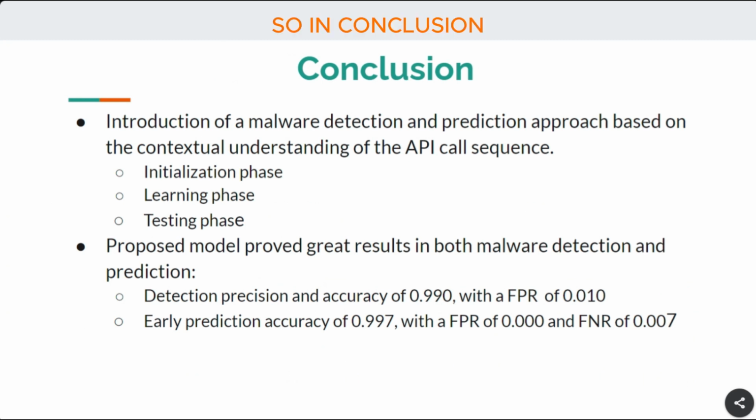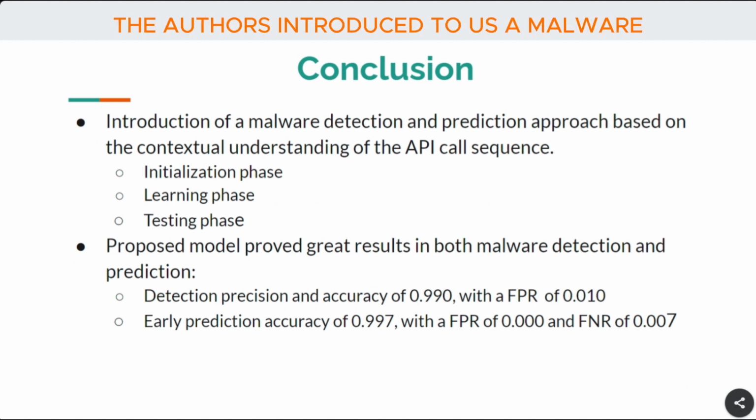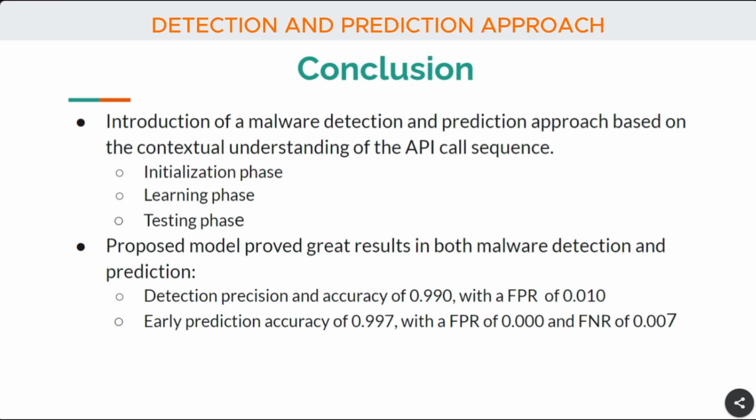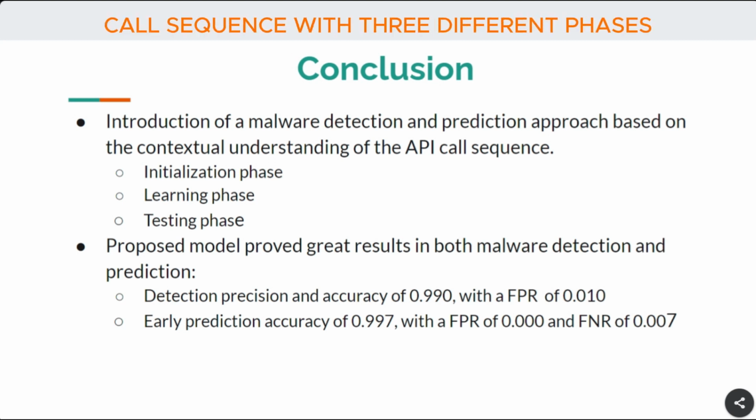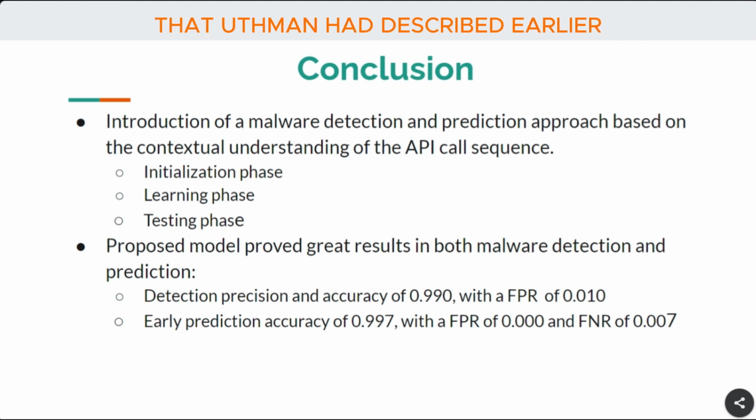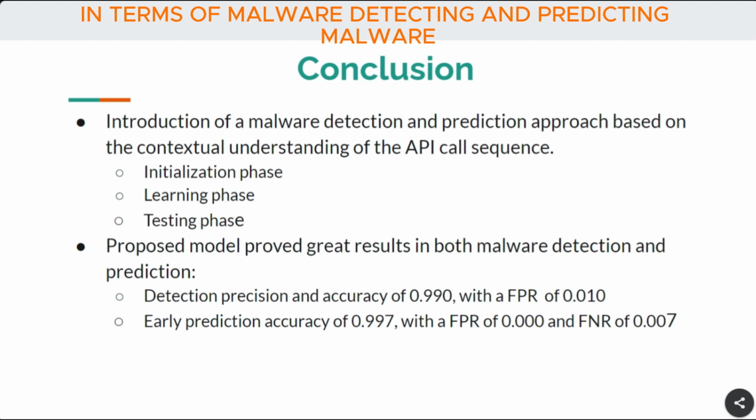So in conclusion, in this paper, the authors introduced a malware detection and prediction approach based on the contextual understanding of API sequences with three phases that Uthman described earlier, including the initialization, learning, and testing phases. The results show very high accuracies in terms of both detecting and predicting malware.